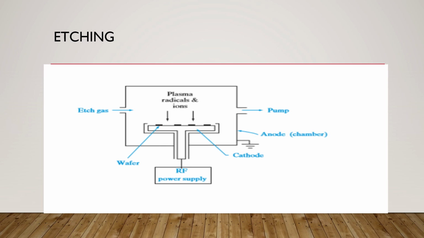For example, dilute hydrofluoric acid can be used to etch a silicon dioxide layer grown on a silicon substrate with excellent selectivity. The term selectivity here refers to the fact that hydrofluoric acid attacks silicon dioxide but does not affect the silicon substrate underneath or the photoresist mask.